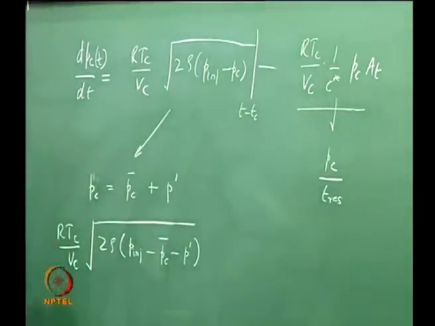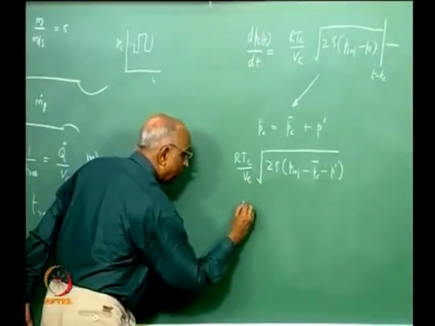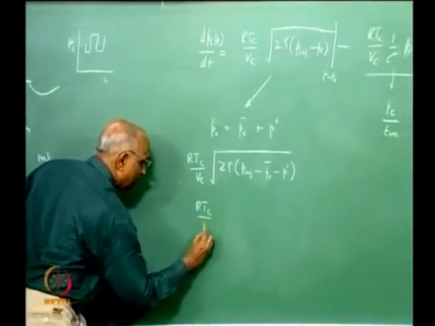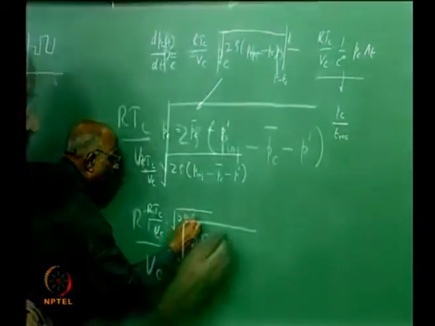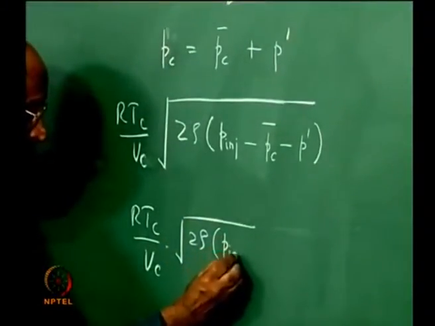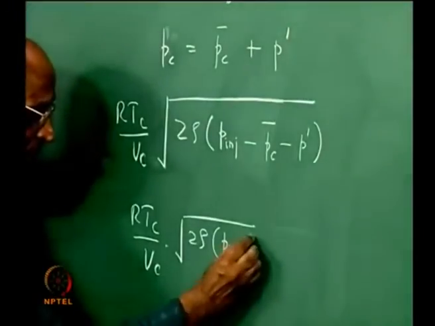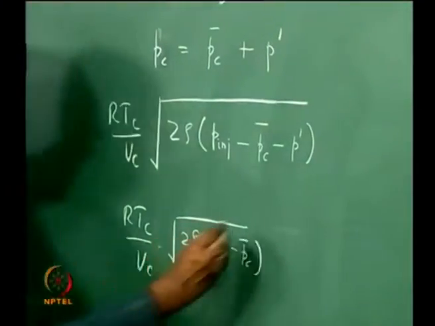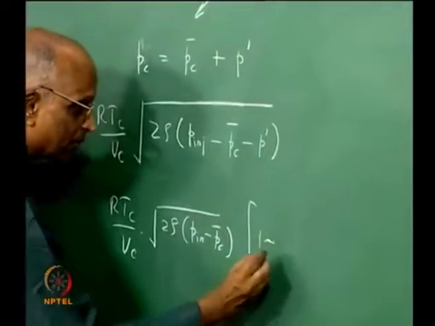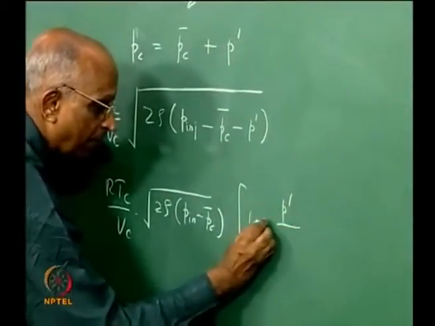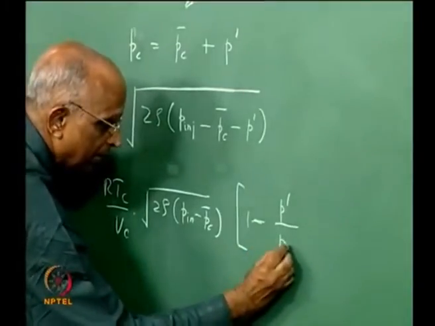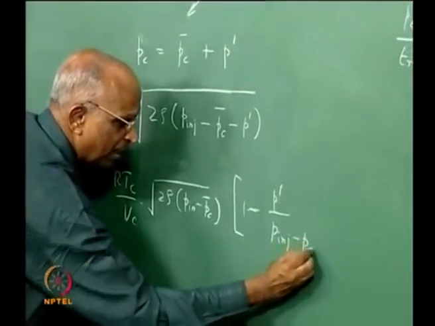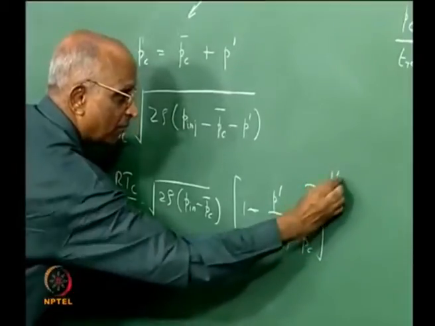Or rather I take the steady value outside, I take it as RTC by Vc into the steady value, that is 2 rho into P injected minus the value of Pc bar over here, and then I write the balance as 1 minus P prime divided by P injected minus Pc bar, to the power half.